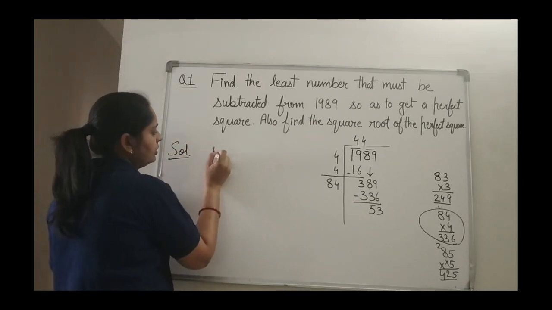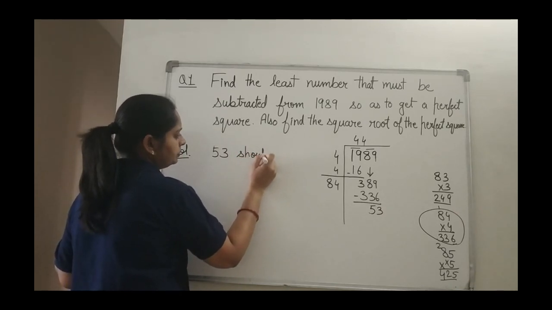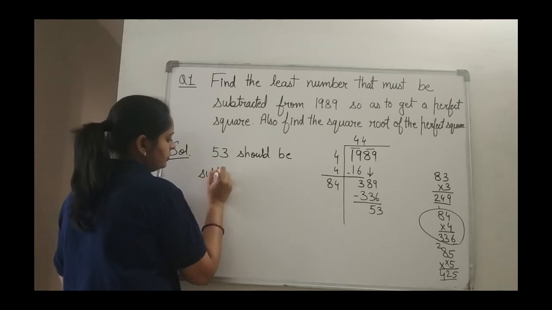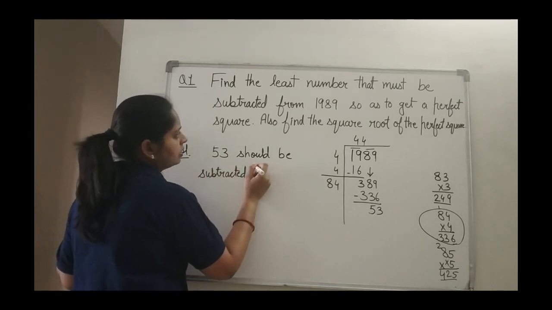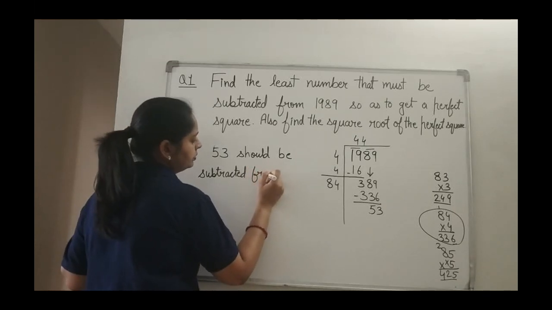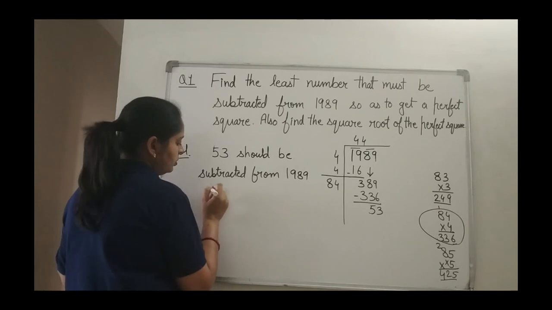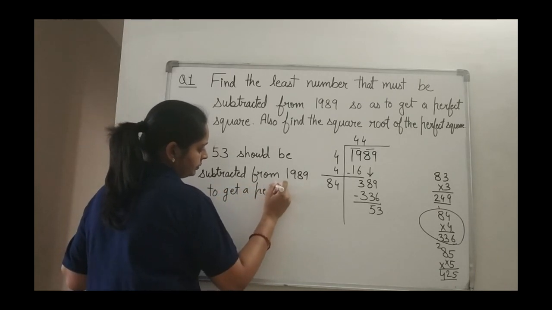So I will write 53 should be subtracted from 1989 to get a perfect square.